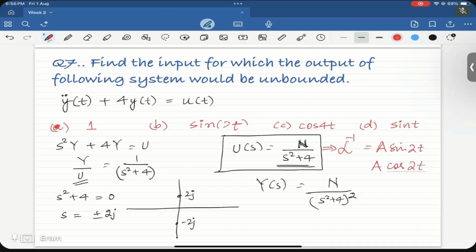Because we know that for sine and cos, the Laplace transform denominator will always have s square plus omega square. So omega here is 2. So the function could be sine 2t or cos 2t with any factor, which is just for scaling. So in options we are given 1. So 1 means step input. So can step input make the system unbounded?